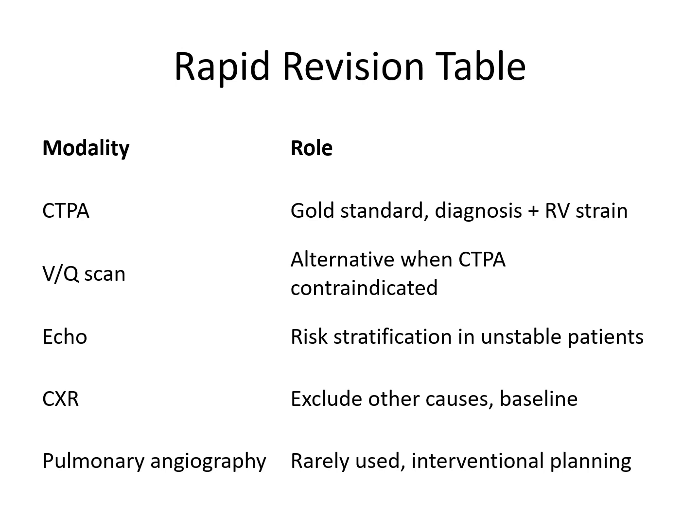Chest X-ray is done to exclude other causes of pulmonary pathology or for baseline investigation. Pulmonary angiogram is rarely done and it is done for interventional planning. So remember, CT pulmonary angiography is the investigation of choice for diagnosing pulmonary embolism, whereas the VQ scan is the alternative for the CTPA.